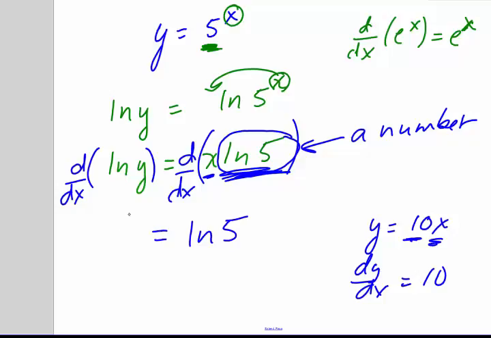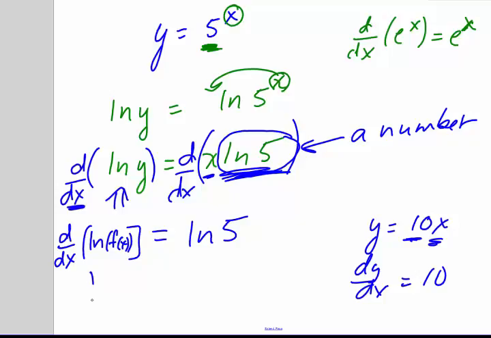Now this side's a little bit more complicated. We're deriving in terms of x, don't forget. So think about it this way. You could think about this rewritten as the derivative with respect to x of ln of f of x, right? We could write y as ln of f of x. So think about what we did with that derivative.